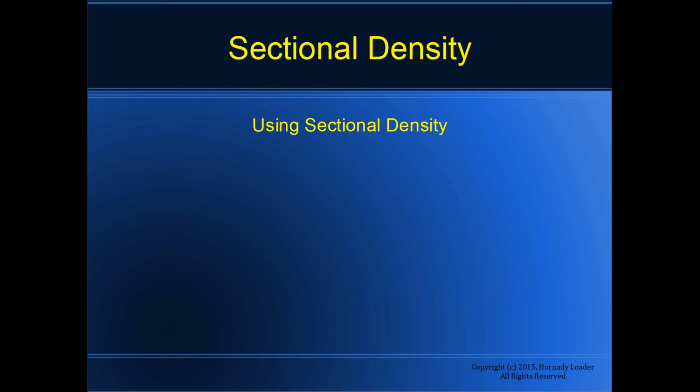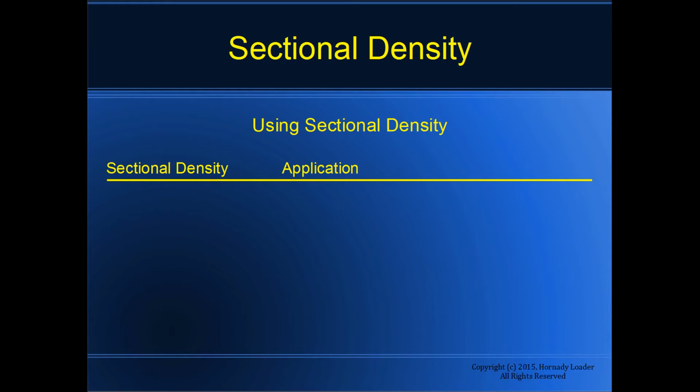But for the hunter, sectional density is an important aspect in selecting a bullet. Now, they need to decide what kind of bullet to use for a particular application. For example, a bullet with a sectional density of around 180, a little higher, a little lower, is good for varmint hunting, squirrel and gopher, that sort of thing.